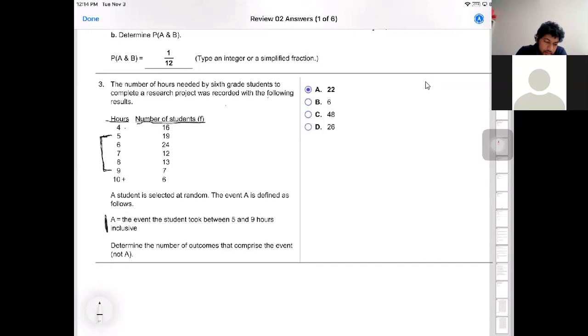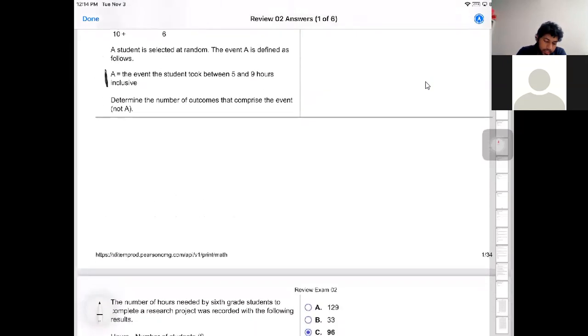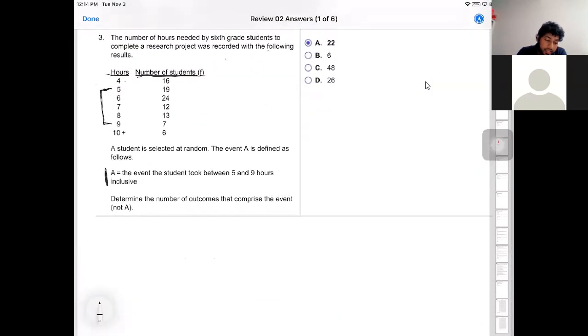What we need to find: determine the number of outcomes that comprise the event not A. So this is your event right here, this belongs to event A. So not A means what? Everything except event A, right?